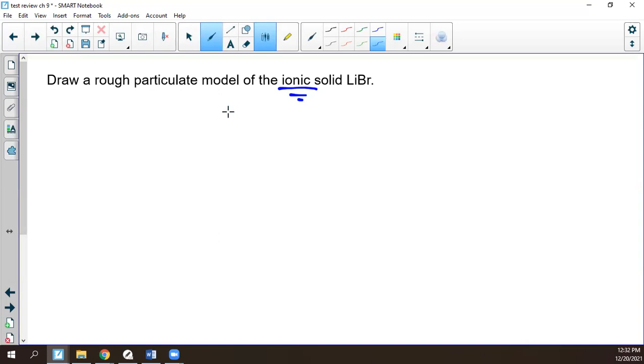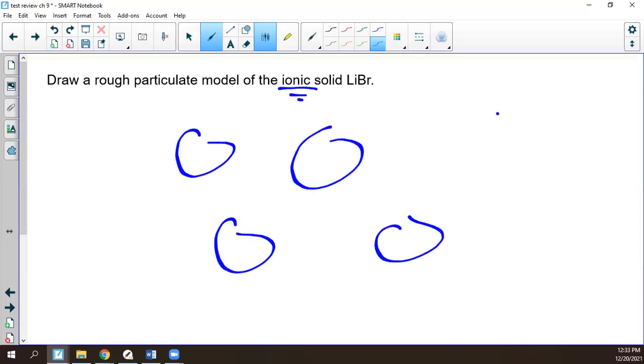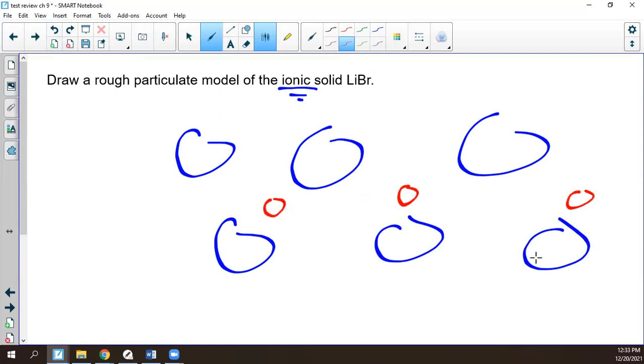All right, good. So I'm looking for some bigger circles. I'm looking for some smaller circles. That wasn't very small. Let me change colors. So we'll put them right here. Are we okay with that? Okay. Which one's bigger, bromine or lithium?